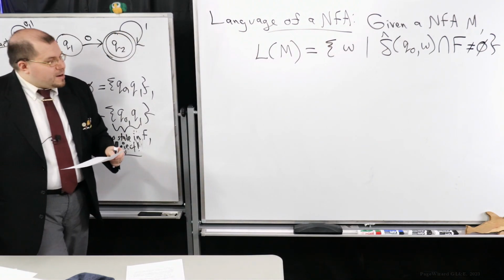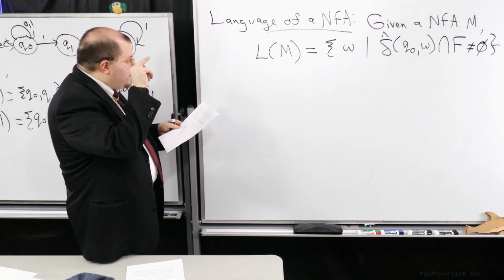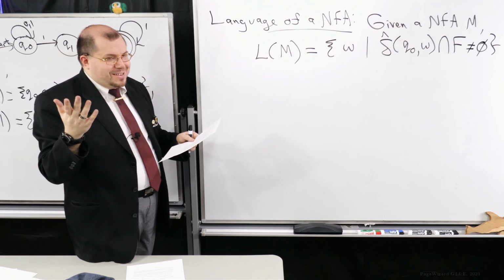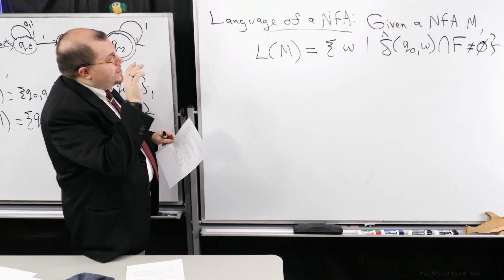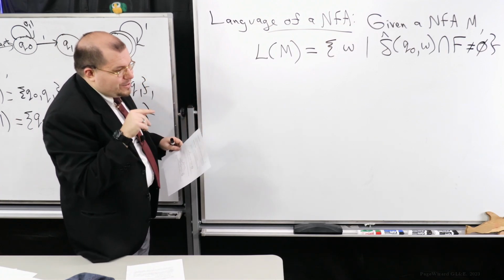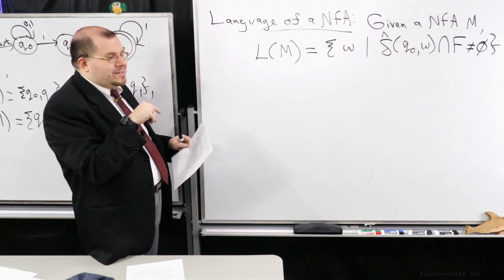So just to bring this all together, if we think about this in terms of the guessing process that we had when we talked about perfect guessing, the whole idea here is that if I give you a string W, there exists a sequence of choices that leads to the final state.